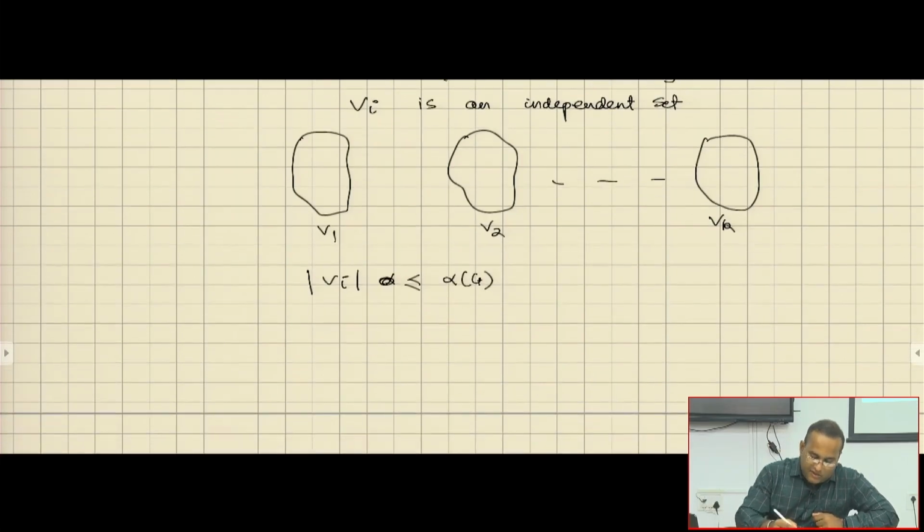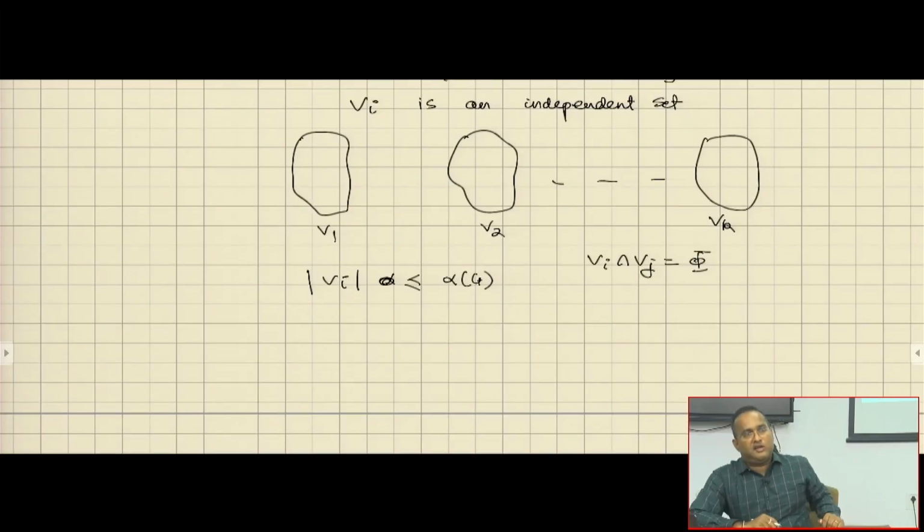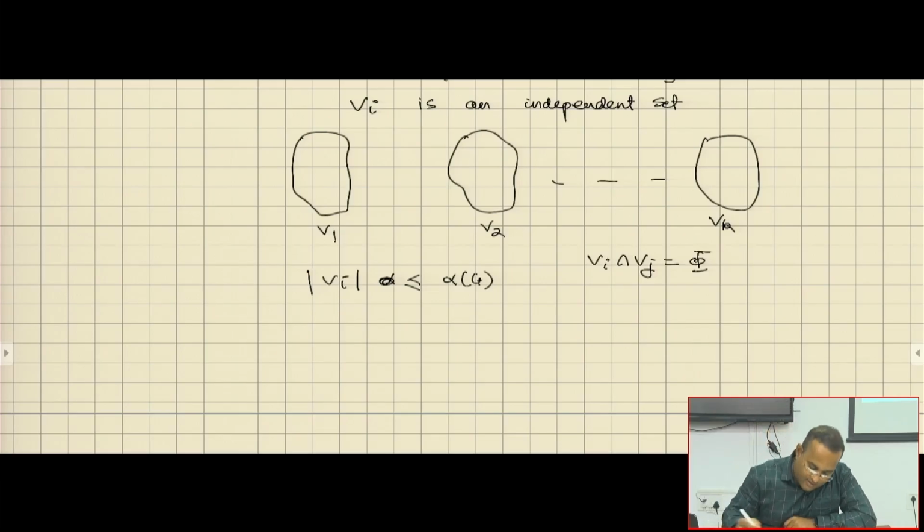And what about Vi intersection Vj? They are not going to share any common vertex, right? So if we sum i equal to 1 to k, this will be at most k times this one, right?